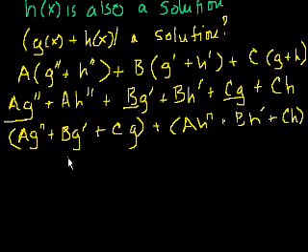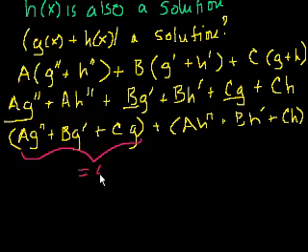And now we know that both g and h are solutions of the original differential equation. So by definition, if g is a solution, and this was the left-hand side of that differential equation, this is going to be equal to 0. This is going to be equal to 0. And so this whole expression is equal to 0.